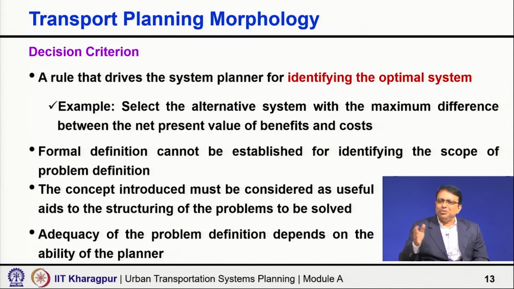You have got many alternative solutions available, which one are you going to select? So, for example, you can say, select the alternative with the maximum difference between the net present value of benefit and cost. You know that once you do something, there is capital investment, there are operational and maintenance costs, and all these happen over time.